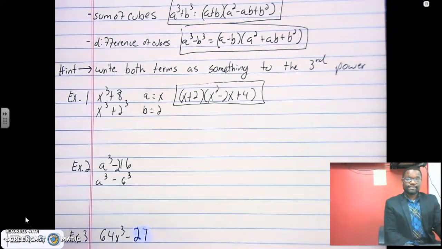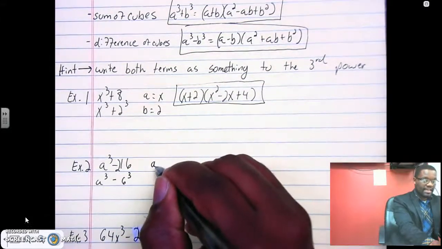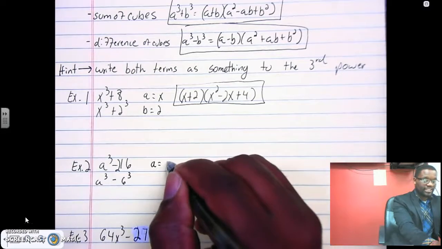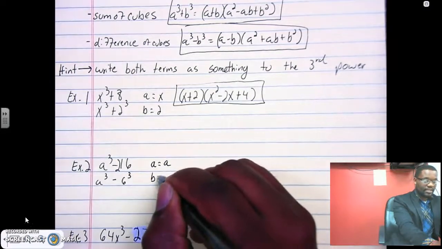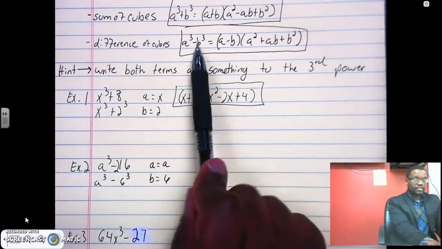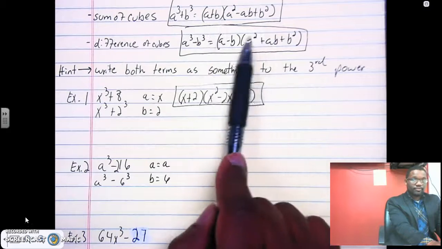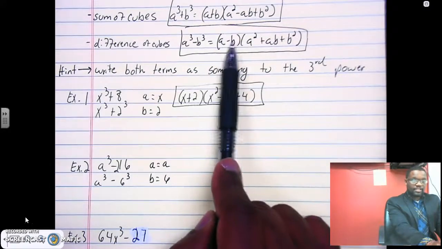Okay? Once you do that, you realize very quickly that A in this problem is actually A and B is 6. So why is that important? I'm using the difference of cubes now, which is very similar to the sum, and I'm going to follow this pattern, A minus B and so on.